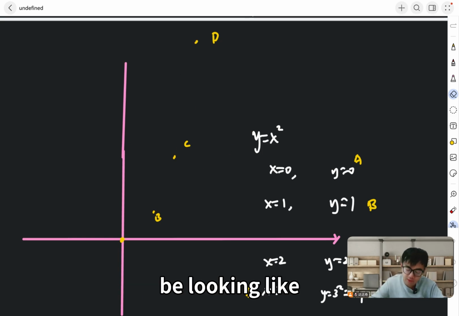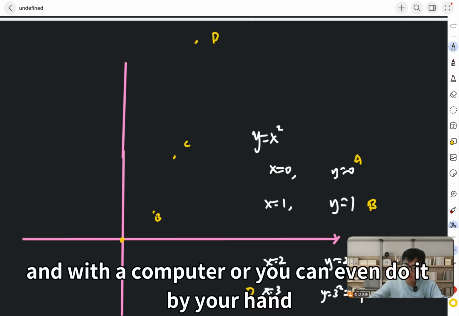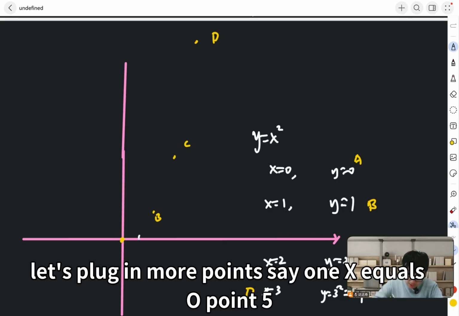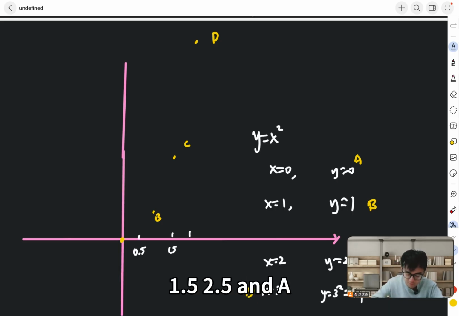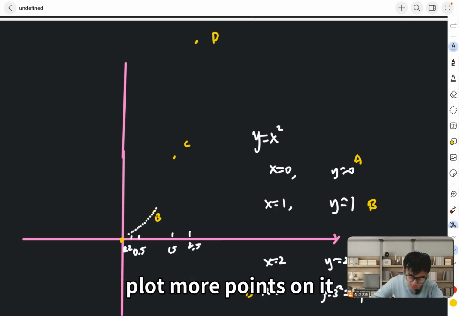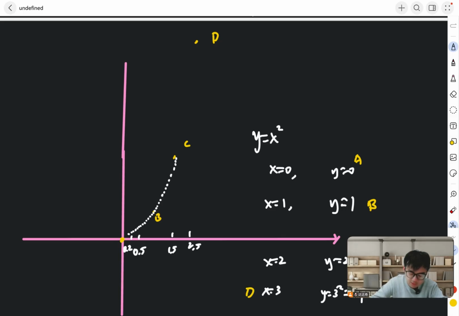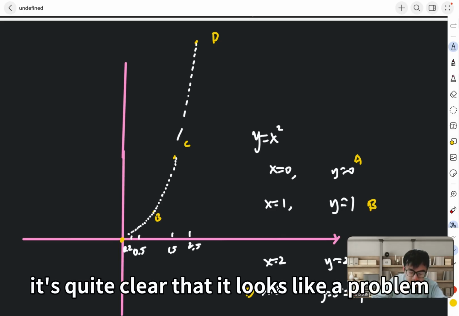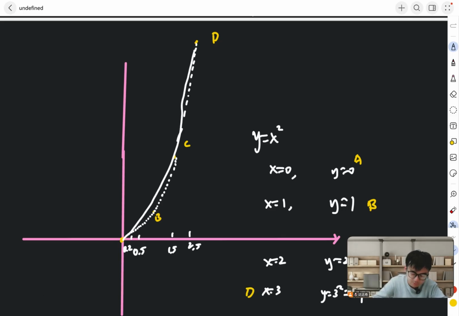So what will it look like? With a computer, or even by hand, let's plug in more points. Say x equals 0.5, 1.5, 2.5. When I use the computer to plot more points on it, it's quite clear that it looks like a parabola.